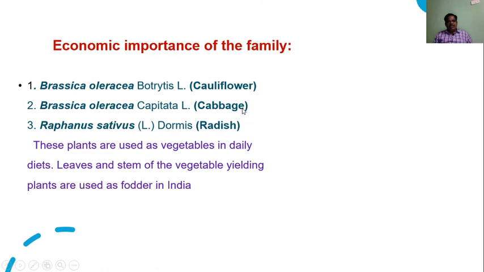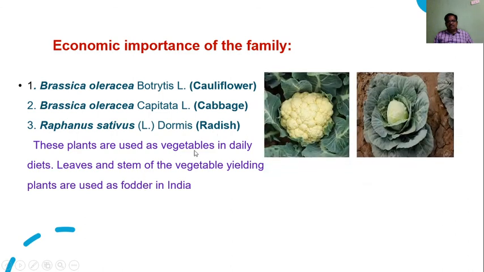So cauliflower, cabbage and radish are used in the daily diet as vegetable plants, and leaves and stems of the vegetable yielding plants are used as fodder in India. Some leaves are directly cooked, or sometimes provided to animals as fodder.